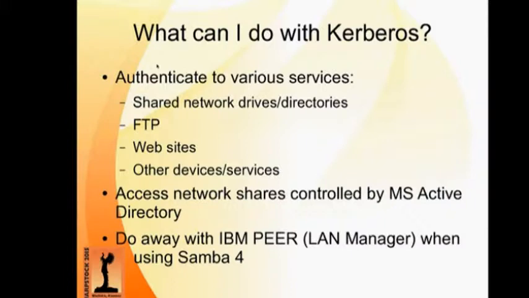But whatever you can configure Active Directory to accept, to narrow down the acceptable clients, Kerberos can authenticate. And you can do away with IBM Peer services, file and printer sharing when using Samba 4, as Neil discussed before. Next slide, please.